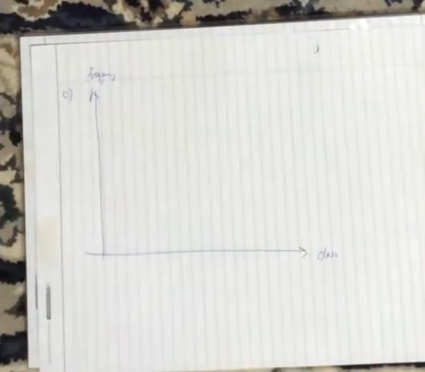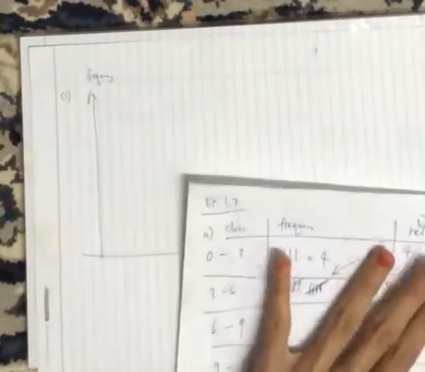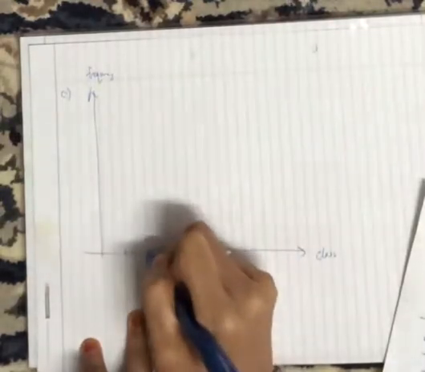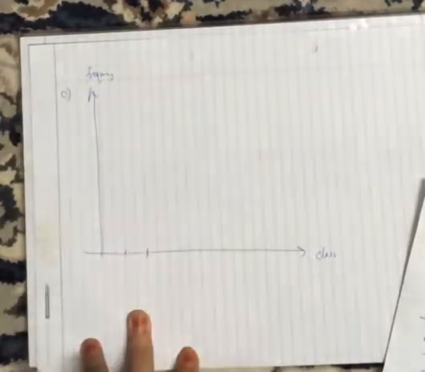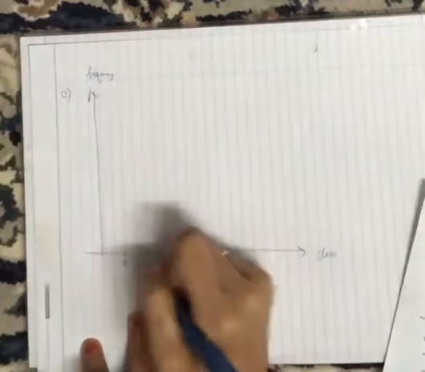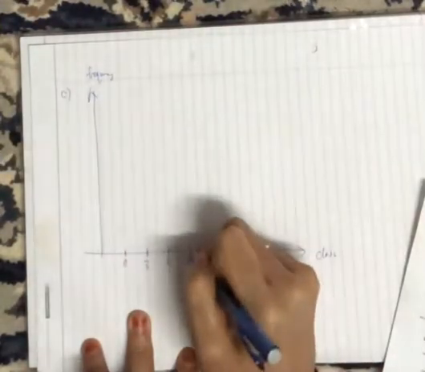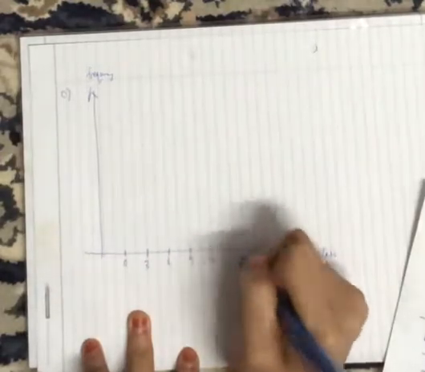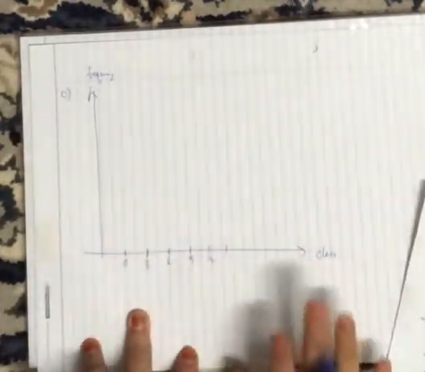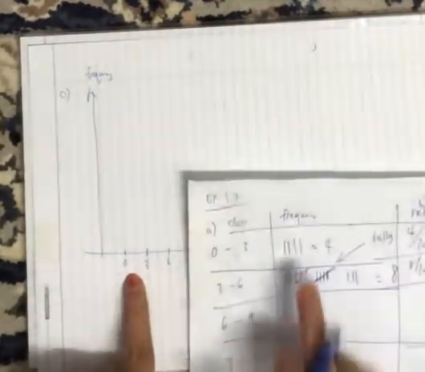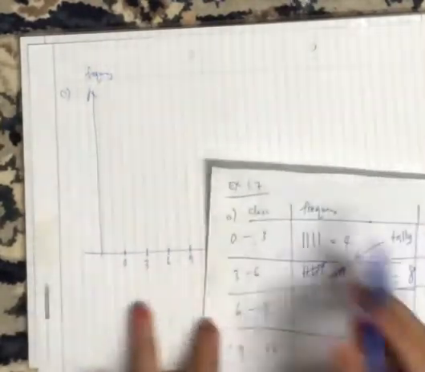Okay, alright, so by referring back to the table that you have done just now, the first class here is 0, 3, for example. Then 3, 6, 9, 12 and so on. You just continue the list. Then for the 0, 3, the frequency is 4, maybe somewhere here.